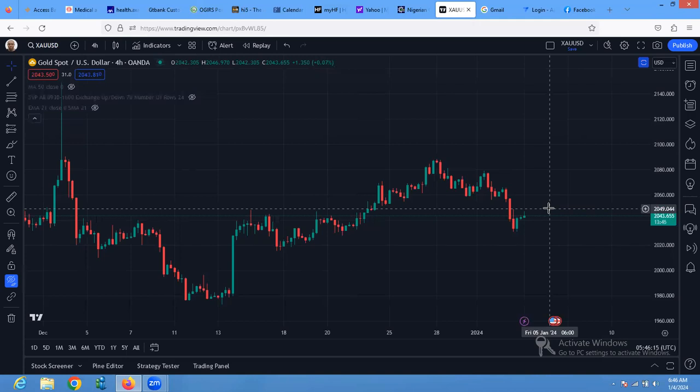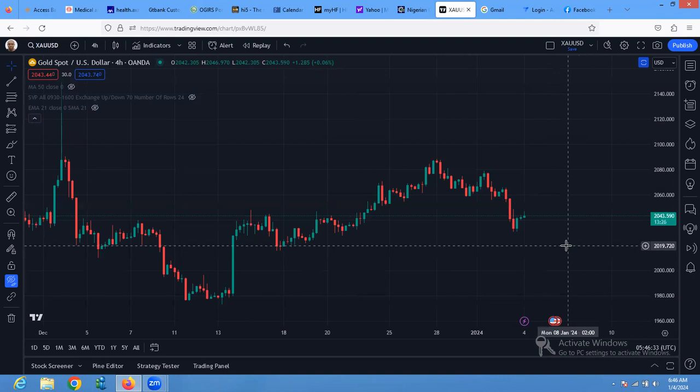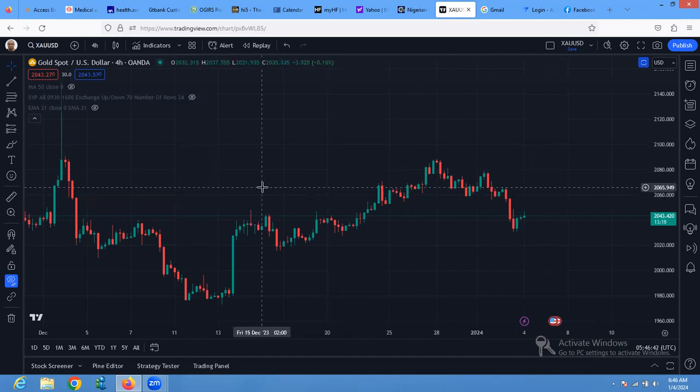Once we break that, then we are sure that we are correcting, this is an A, and this is a B. Price is not expected to break 2070, between 2078 and 2081, before we have a C leg to the downside. But if price breaks at the upside, then we'll continue to buy, because price may just do that.